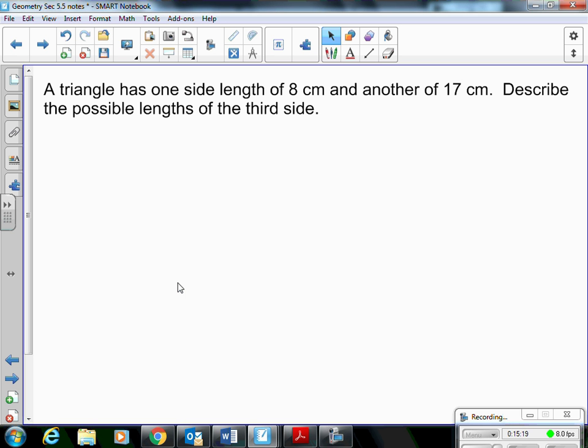So I know that that length of 8 plus some other number we don't know is going to have to be greater than the third side 17, right? Which if we solve that, we subtract the 8 from both sides, that'll give us that x is going to have to be greater than 9.